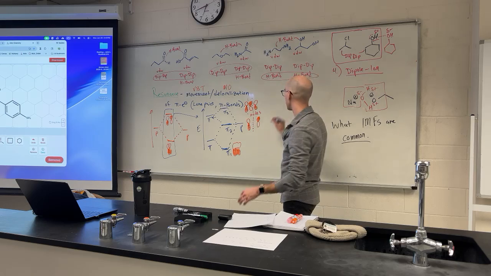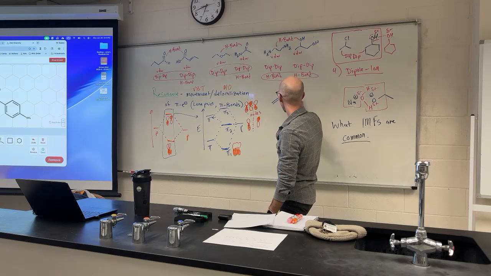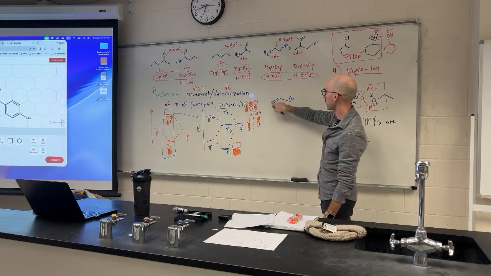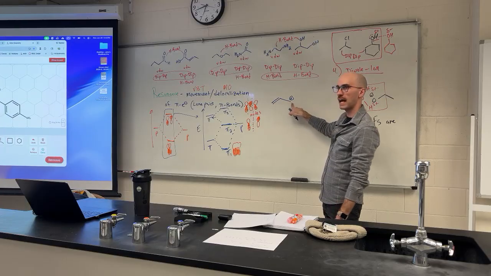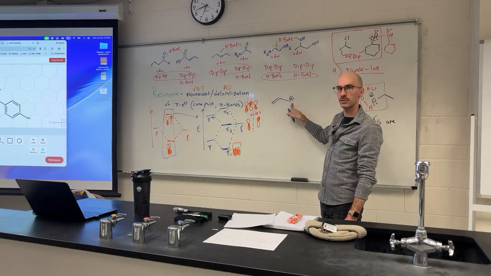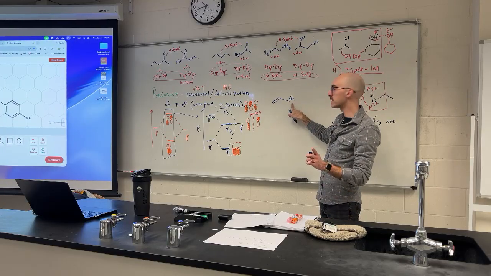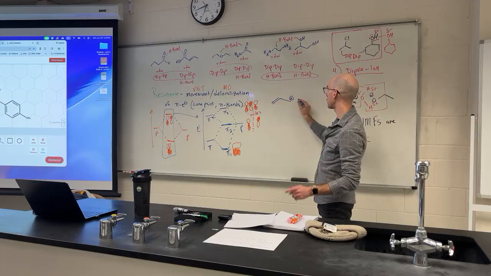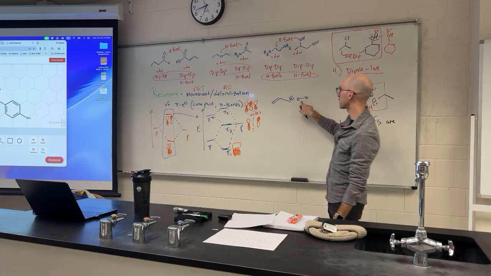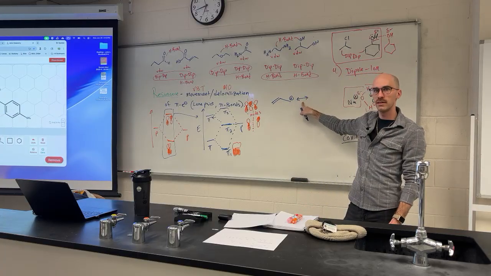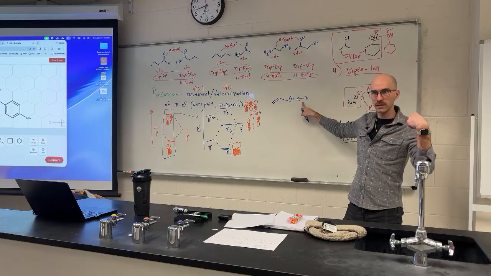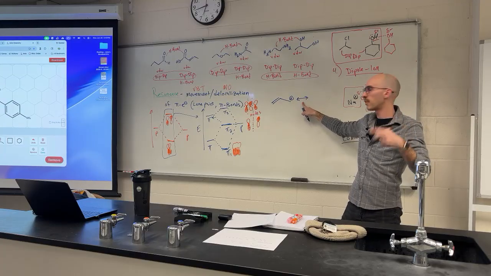All right, here's an example. A 3-atom system. 2 of the atoms have a pi bond. 1 of the atoms has a positive charge. There is no reason that it needs to be arranged like this. So we represent a resonance arrow. That's not 2 arrows going in different directions. That's a double-headed arrow.